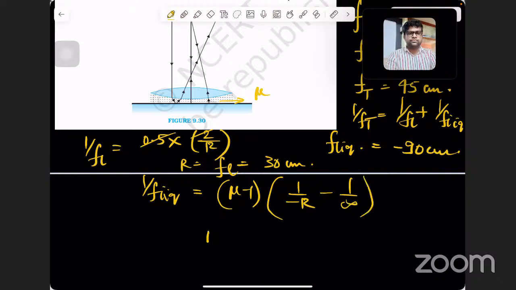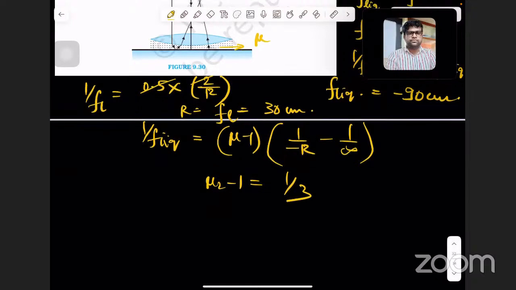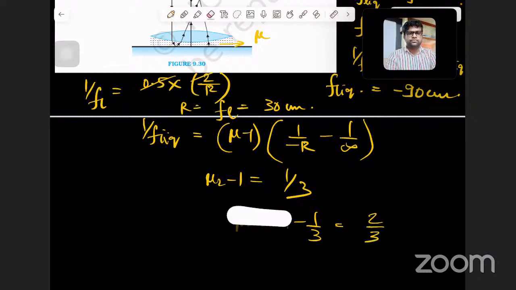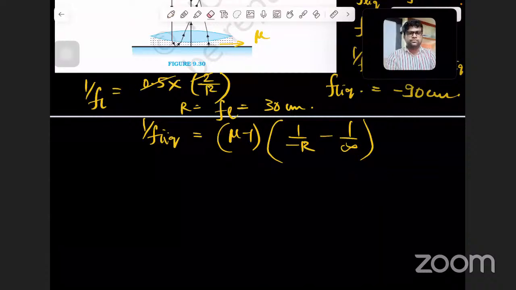So mu minus 1 is 1 by 3. Therefore, mu is 1 minus 1 by 3, that is 2 by 3. Wait, I think I made a calculation mistake.